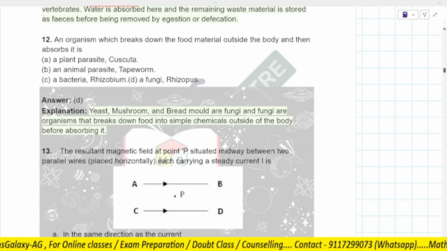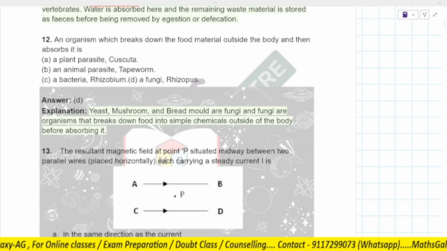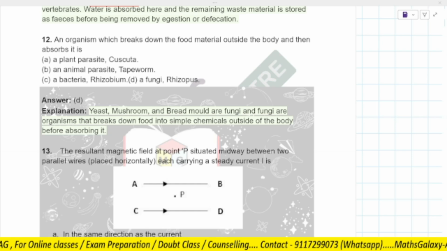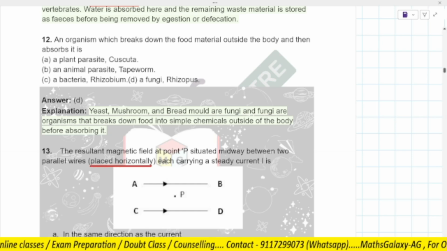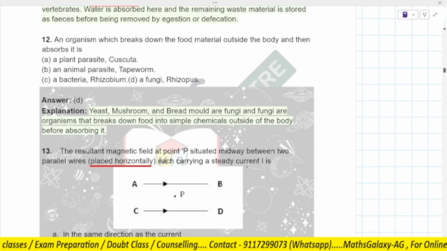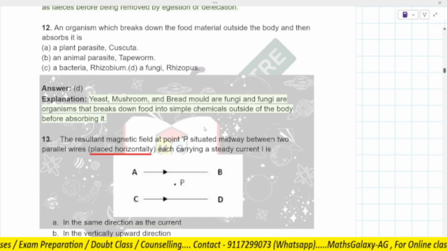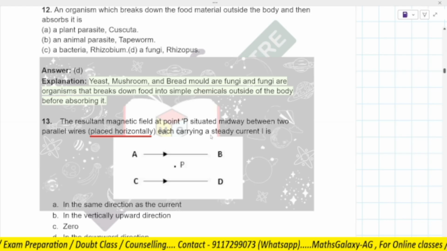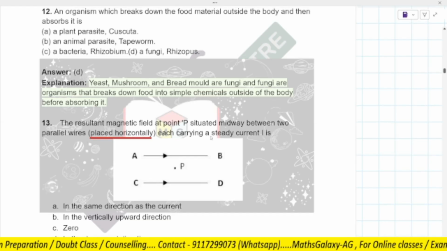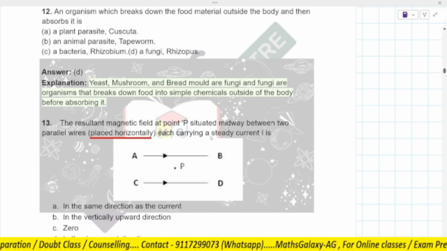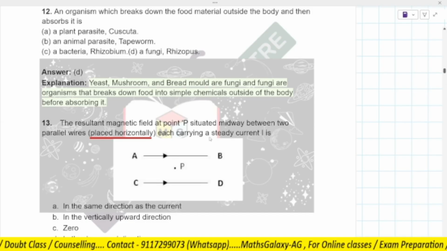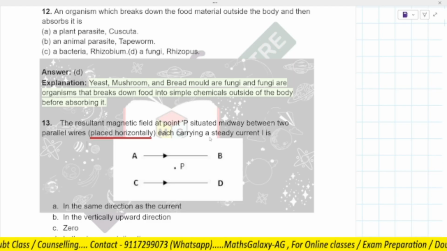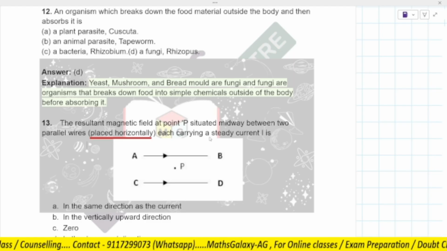The resultant magnetic field of point P, situated midway between two parallel lines placed horizontally, each carrying a steady current, is, it will be what it will be. So let's see here, in the same direction as the current, in the vertical upward direction it will be 0, or in the downward direction. So here you have to apply the right hand rule.